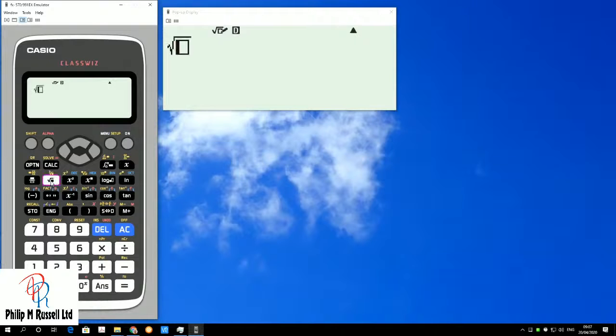So I've got the square root of 21 squared minus 15 squared, and that's going to give us minus 204.